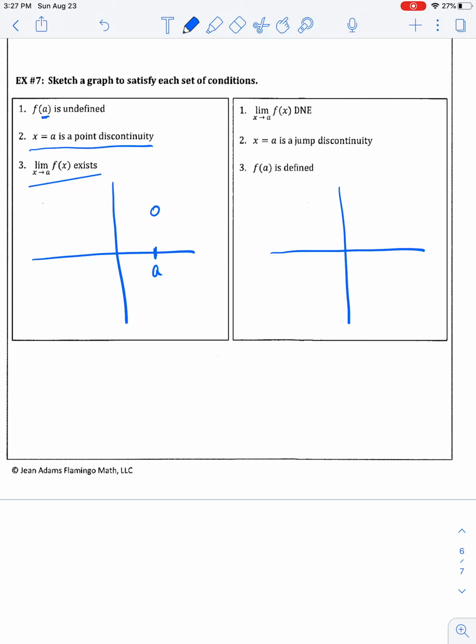So that's how I know it's a hole and not an asymptote. The limit from the right and the limit from the left are going to exist. It is a point of discontinuity, and f of a is undefined.